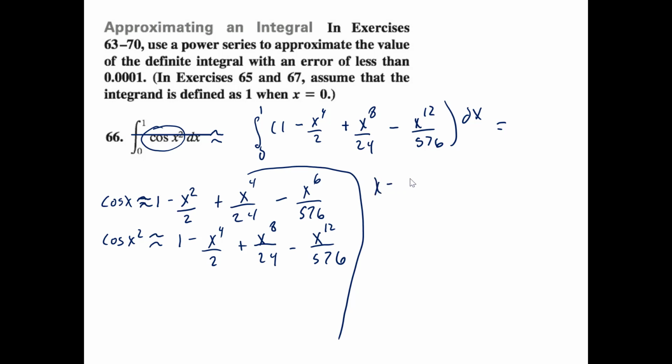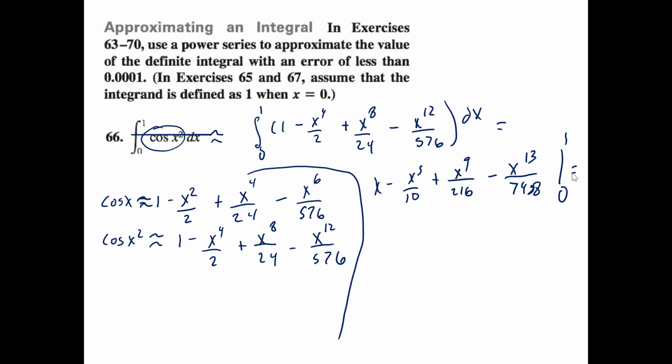This is x minus x to the 5th over 10 plus x to the 9th over 9 times 24, 216, minus x to the 13th over 720 times 13, 9360. And then we're evaluating this from 0 to 1.